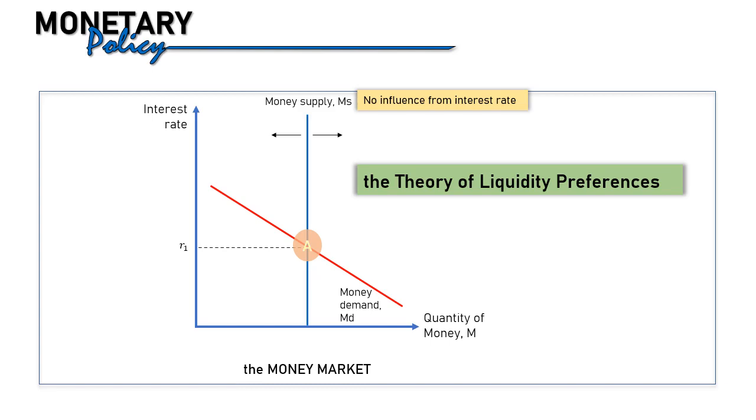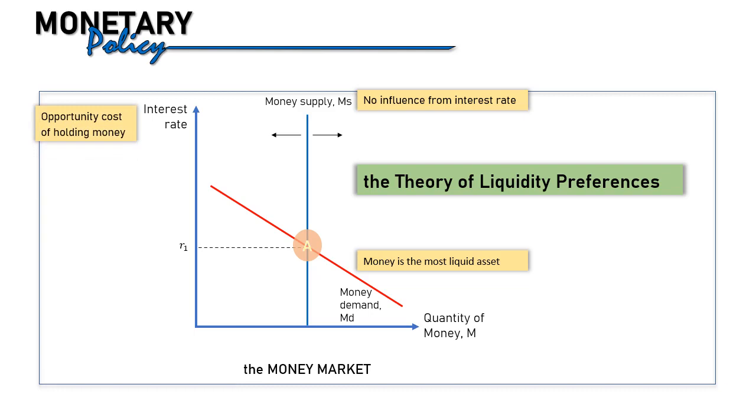On the other hand, the money demand curve is downward sloping, showing the negative correlation between interest rate and demand for holding money, or the preference of people for liquidity. It's called the liquidity preference because money is the most liquid asset. And interest rate here is the opportunity cost of holding money.